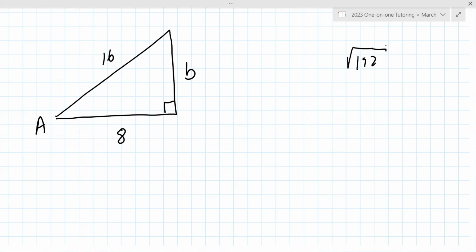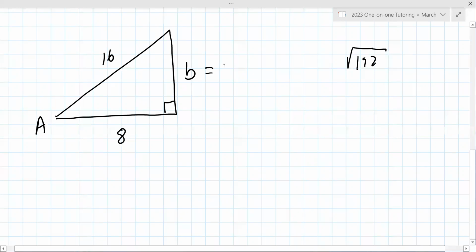I got 6 2s, so it'll be 8 square root 3. Perfect. Yes, B is 8 square root of 3.